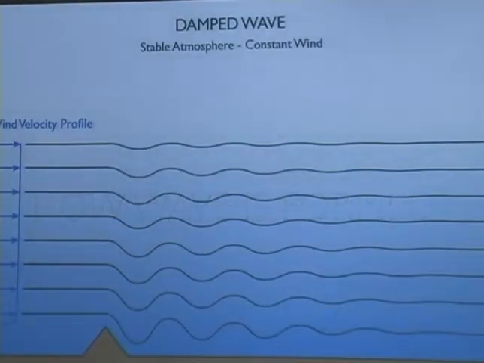Well, if we just had a constant wind with altitude blowing over a disturbance or a mountain, and it was stable air, you'd get some wave action that would slowly or quickly damp out, so it wouldn't create a wave.